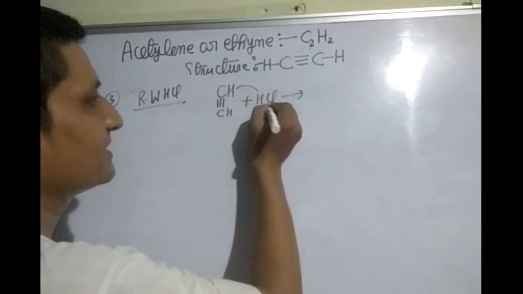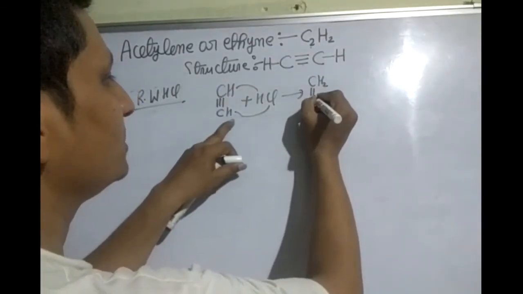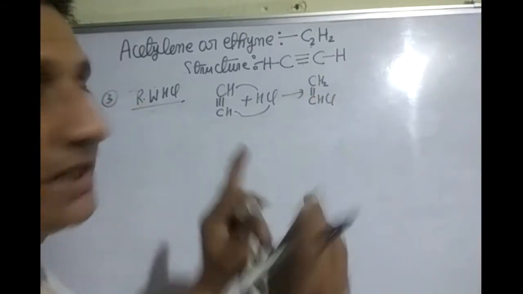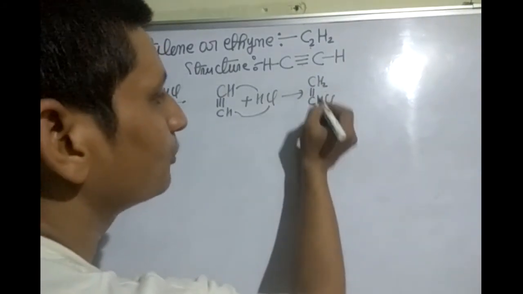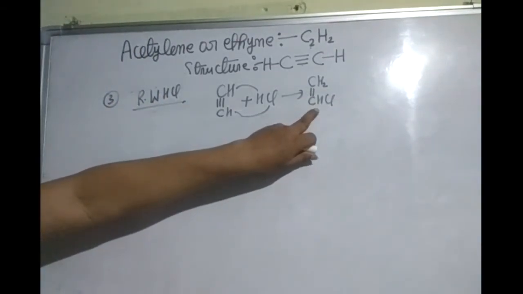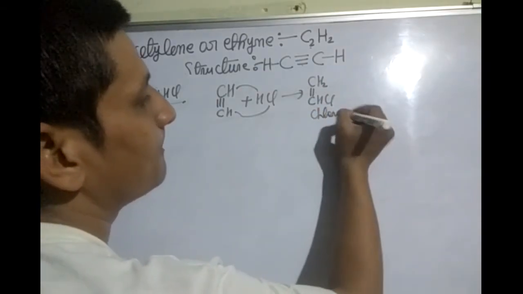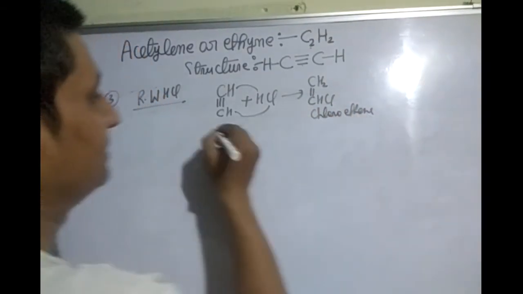H attaches here, Cl attaches here, we get CH2 double bond CHCl. Valency of carbon is 4: 2, 2, 4; 1, 2, 3, 4. So we get chloroethene. This is chloroethene.